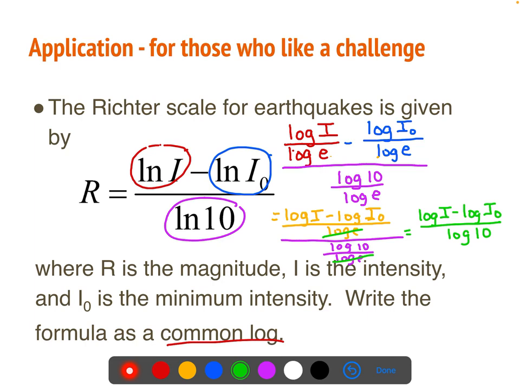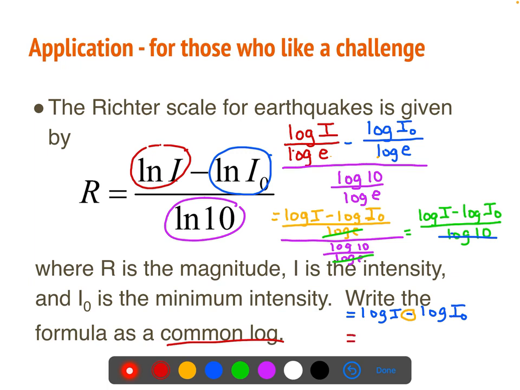Oh, I know what log of 10 is. That's a common log, which has a base 10. The 10 is base 10. So technically, these bad boys cancel and give me 1. So this is equal to log of I minus log of I naught. Ooh, I remember something.